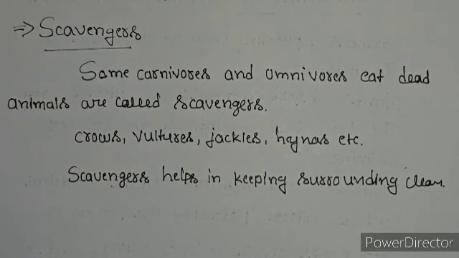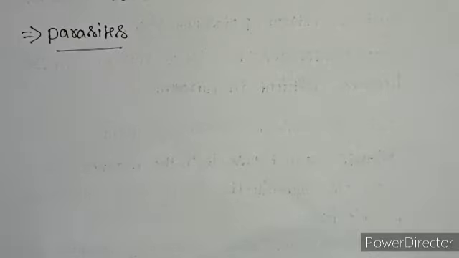All herbivores, carnivores and omnivores need to chew and digest their food. Do you know of any animals that do not need to digest food? Yes, parasites. The next group of animals is parasites.